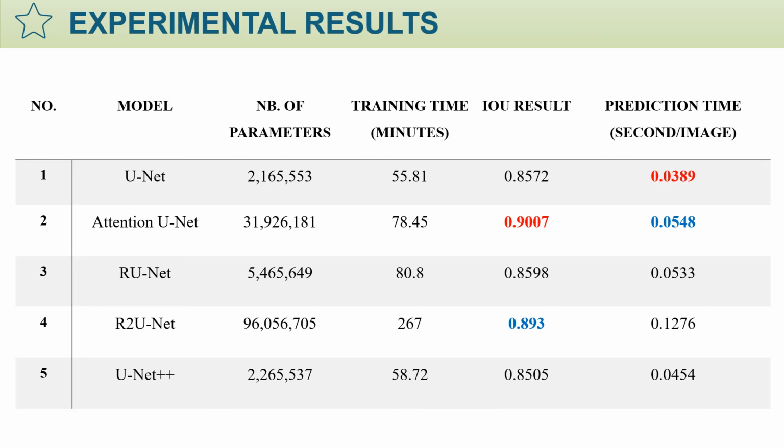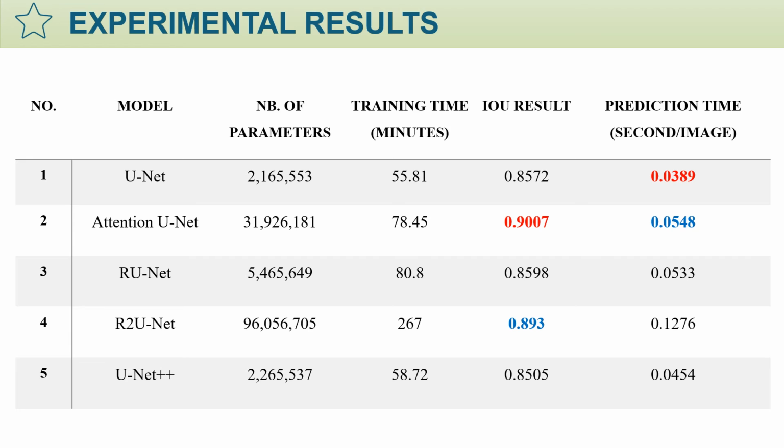From the experimental results, it can be seen that Attention Gate has actually brought improvements to the UNet model, and in fact, the predictive performance of the Attention UNet model is the best among the 5 models, with 0.90 IOU points, a good segmentation result overall.